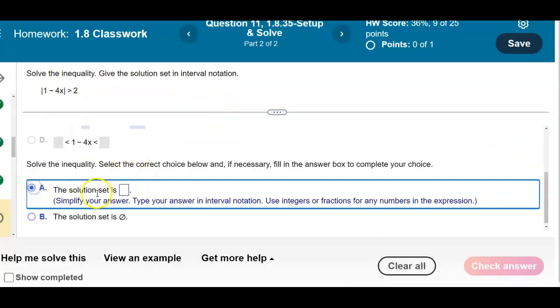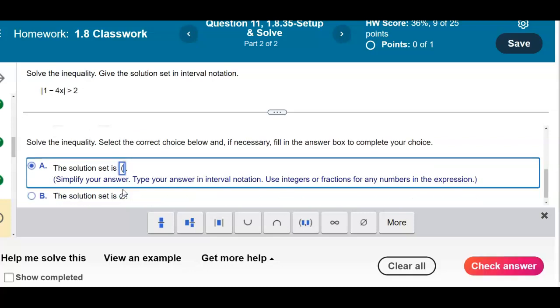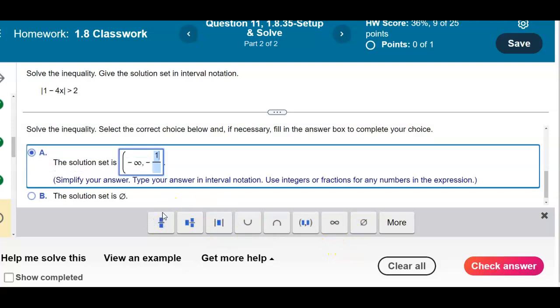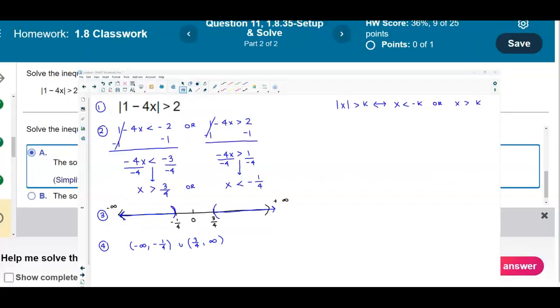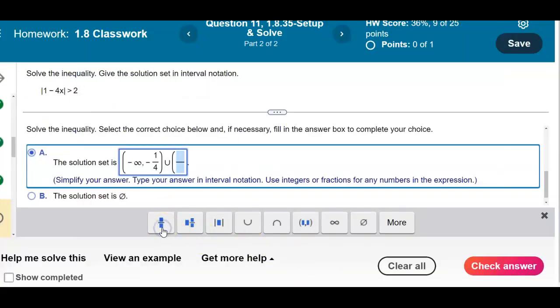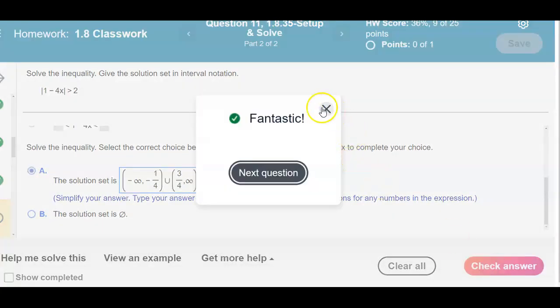So we have parenthesis negative infinity, comma, negative 1/4 with a parenthesis, union, parenthesis, and that was 3/4. So we have 3/4, comma, infinity with a parenthesis. Let's check our answer, and there is our result.